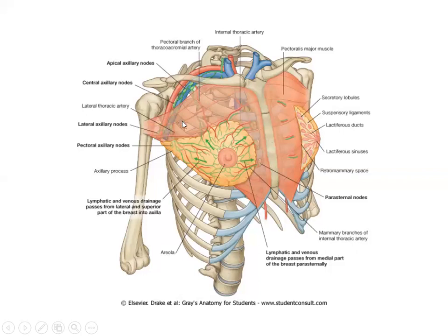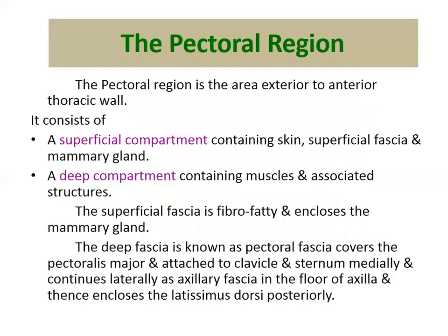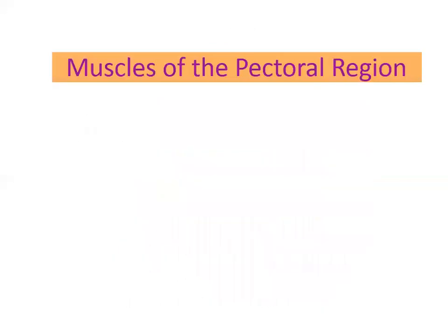So it covers the pectoralis major muscle and goes laterally into the axillary area, where it forms the axillary fascia and then goes behind to cover the latissimus dorsi muscle. So this is about the deep fascia present in the pectoral region.